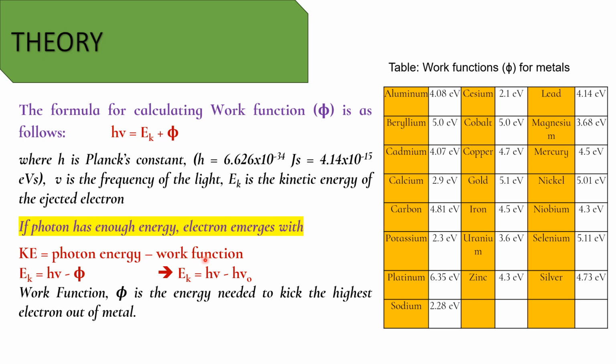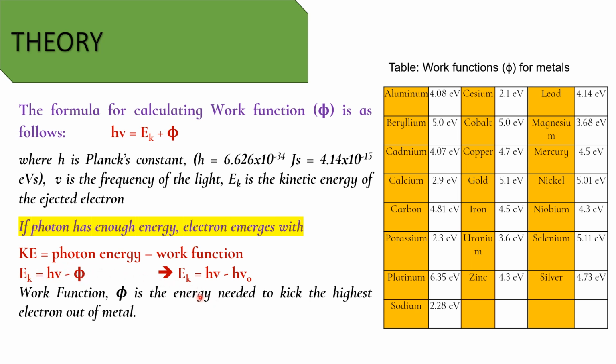Remember, we said earlier, if the kinetic energy is 0, it means the electrons are just broken loose from the metal surface, but they are not moving. At that point, this will become 0, so HV will be equal to phi. But in a situation whereby they are moving, then we will have our kinetic energy equal to HV minus phi.